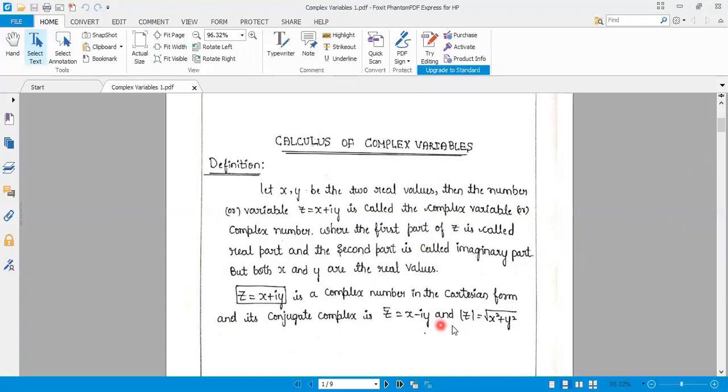We can write its conjugate x minus iy, which is denoted by z bar, and also the modulus of a complex number equals the square root of x square plus y square. We can denote it by modulus of z.